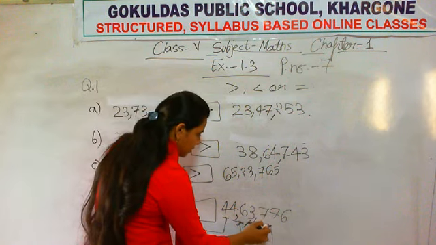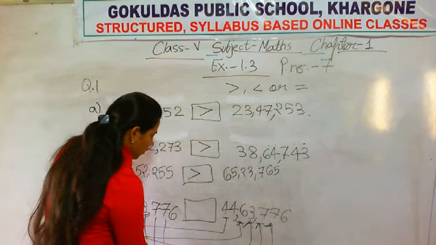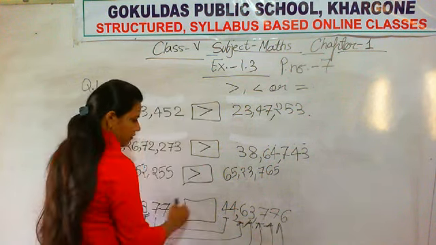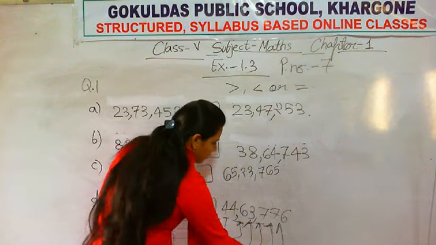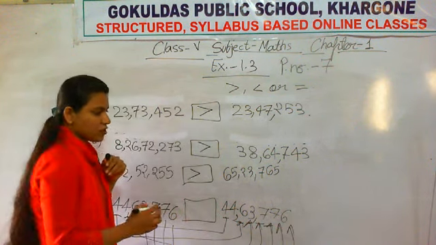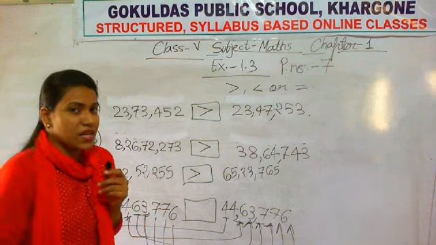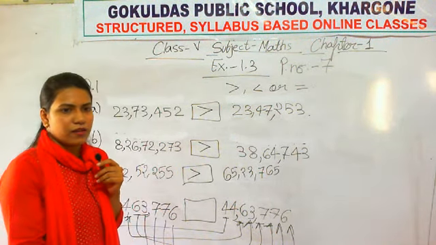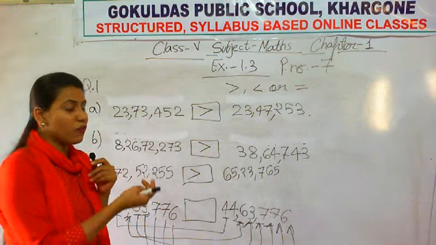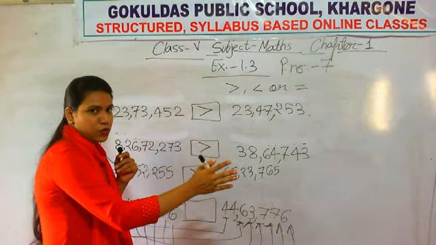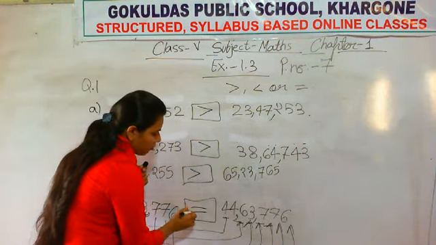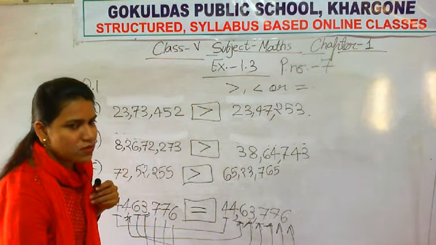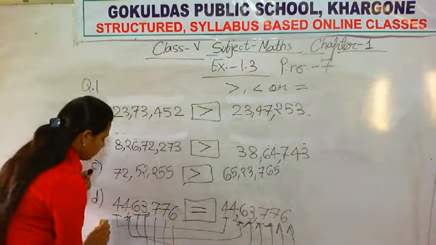Likewise you compare: here 7, here also 7, here 7, here also 7, here 6, here also 6. So both the numbers have the same digits. As both the numbers have an equal number of digits and the same digits up to the ones place, you will put the equal to sign here, as both the numbers are equal.